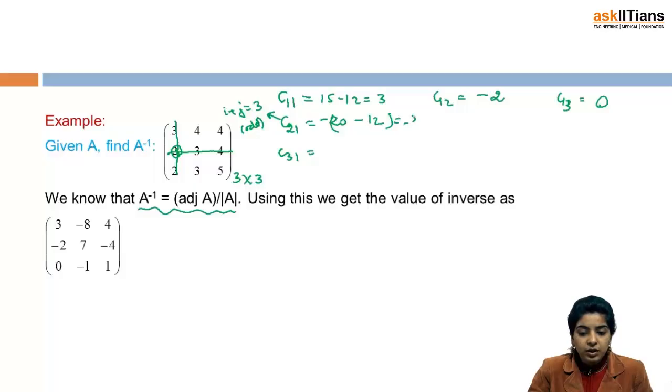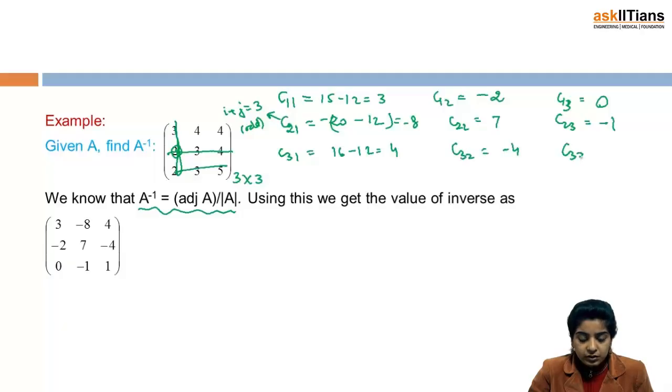So this is minus 8. Then I have C22, that comes out to be 7, and then C23, that will come out to be minus 1. Then I have C31, that case I have 16 minus 12, that is 4. C32 is minus 4, and C33 is 1.